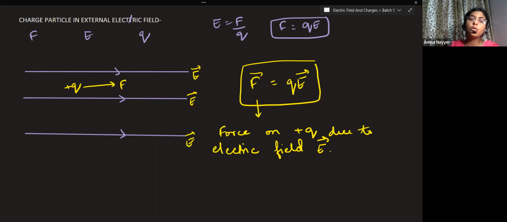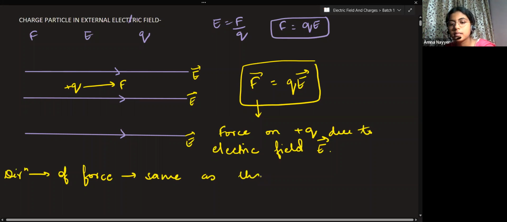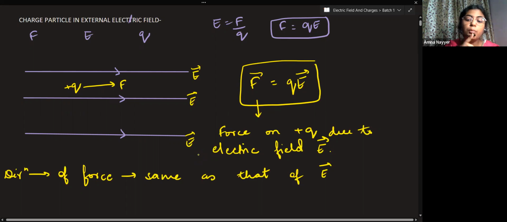For a positive charge, the direction of force will be the same as that of the electric field. So if the electric field is directed towards the right hand side, the direction of force on this plus Q charge will also be towards the right hand side. This is valid only for a positive charge.